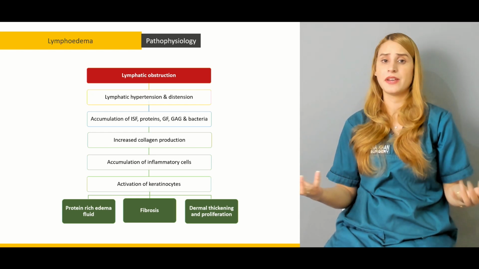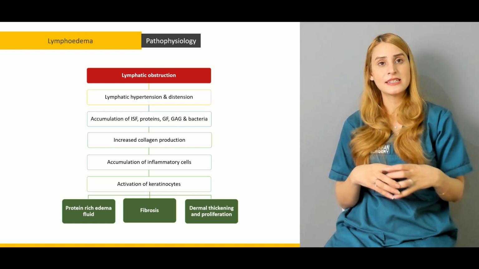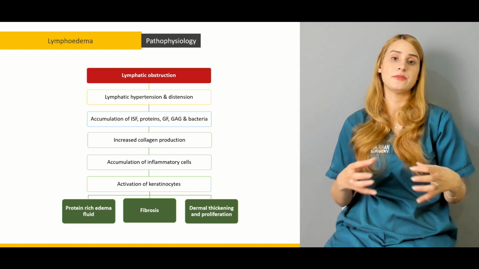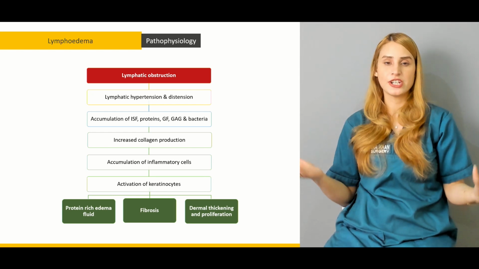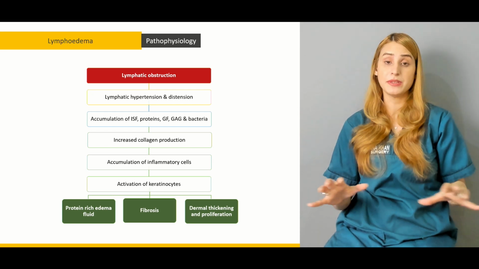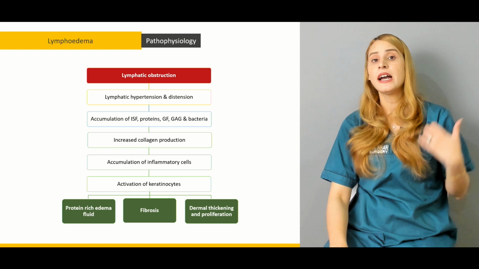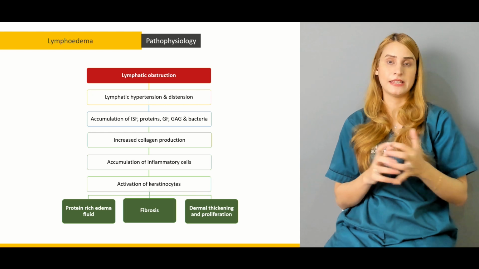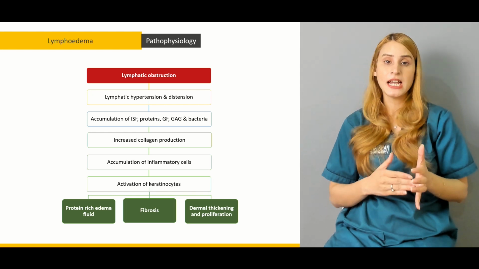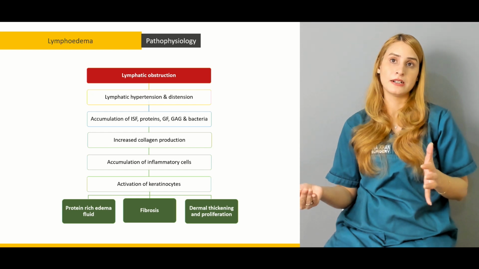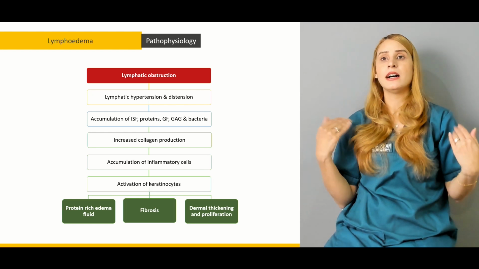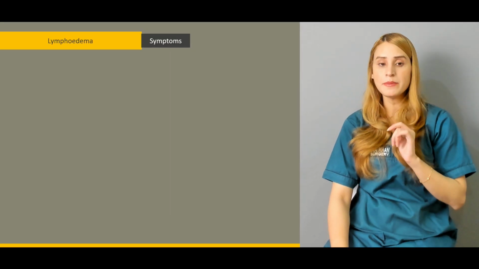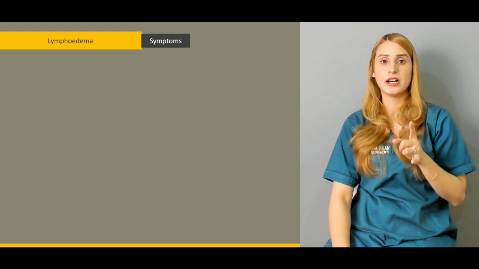And after that, whenever there is seeding of bacteria, the defense mechanism of the body would be activated, and there would be macrophages and lymphocytes coming to that place, and ultimately, because of the inflammatory cells, there would be activation of the keratinocytes, and there would be protein-rich fluid, some kind of fibrosis, and dermal thickening and proliferation. So remember the pathophysiology behind all this.